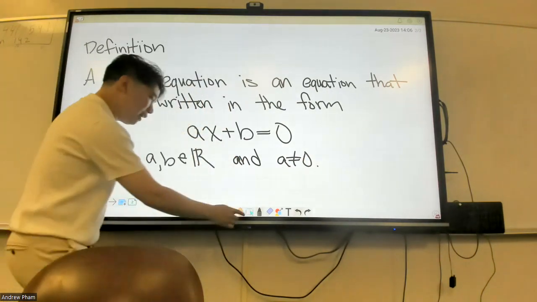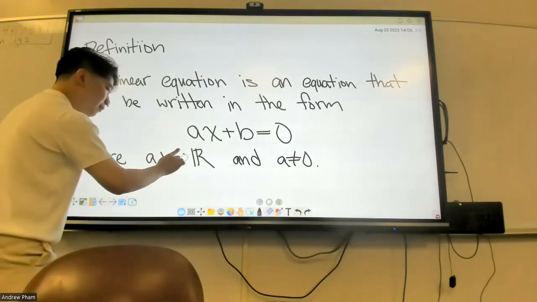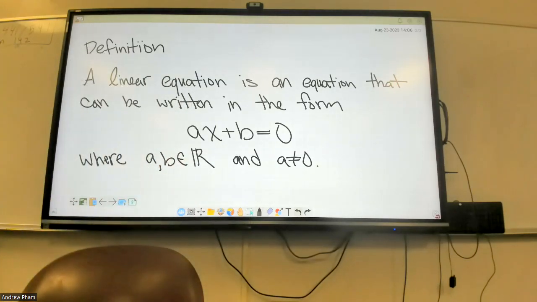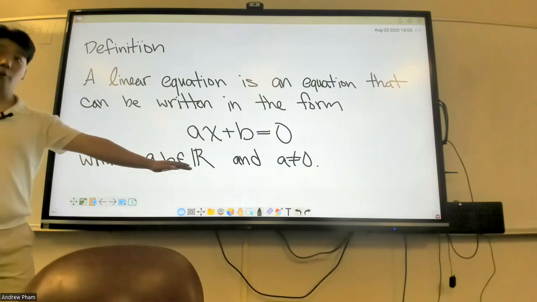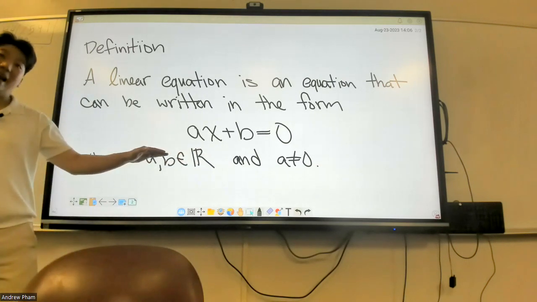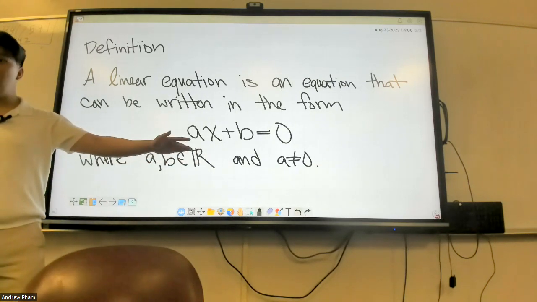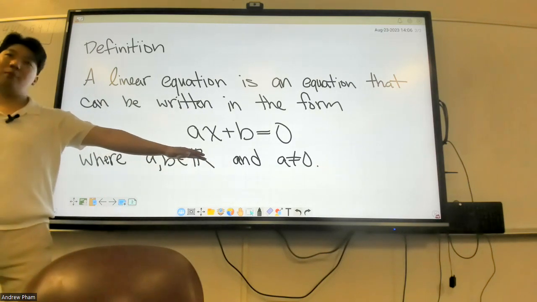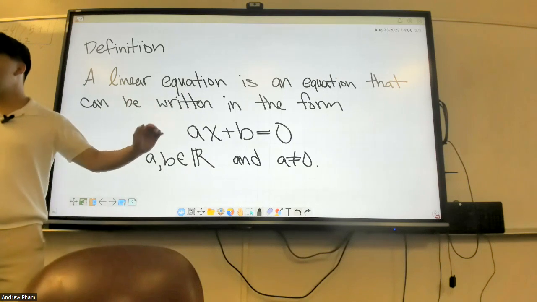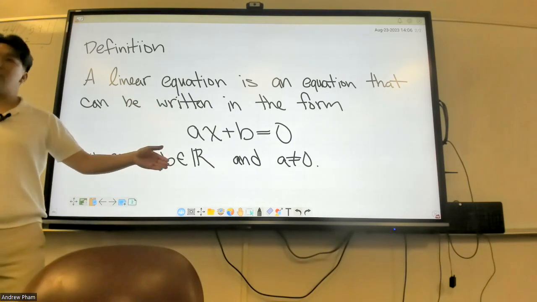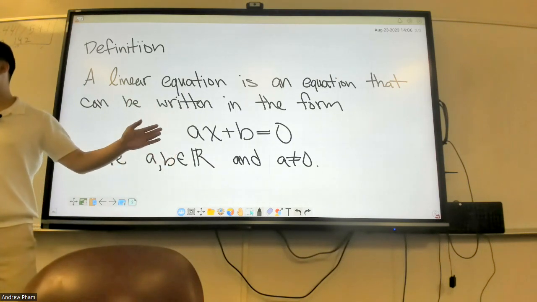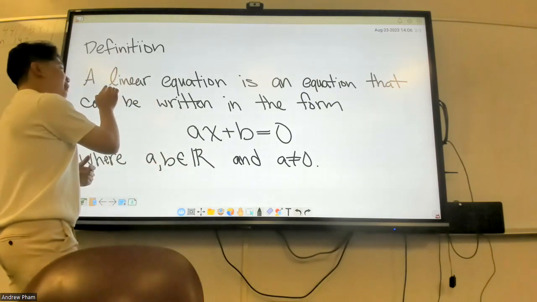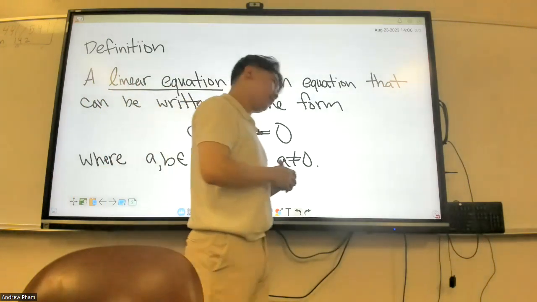So let me rewrite that one symbol a little bit nicer. There we go. This little symbol I have here, between a, b and the set, kind of looks like a weird looking E. This is epsilon. Remember, we use the symbol R for real numbers. All this means is that a and b are real numbers, some random real numbers. So this is what we have as a linear equation.